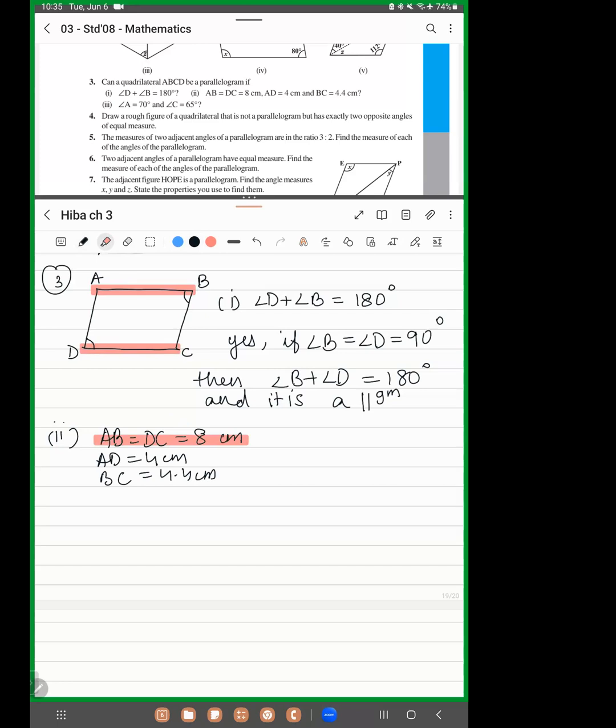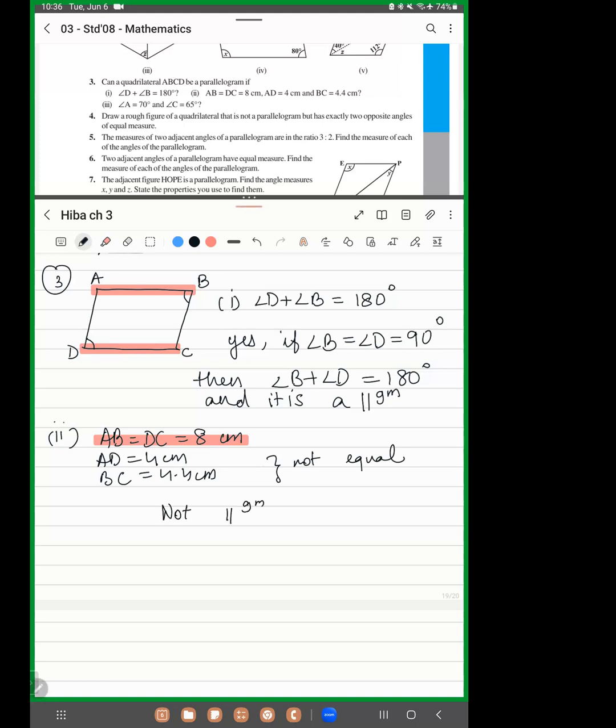It will not be a parallelogram because AD and BC are not equal and they are supposed to be parallel and equal, right? Yeah. And over here they are not equal, but in a parallelogram opposite sides are supposed to be equal and parallel, but these two are not equal, so it's not a parallelogram. ठीक है?